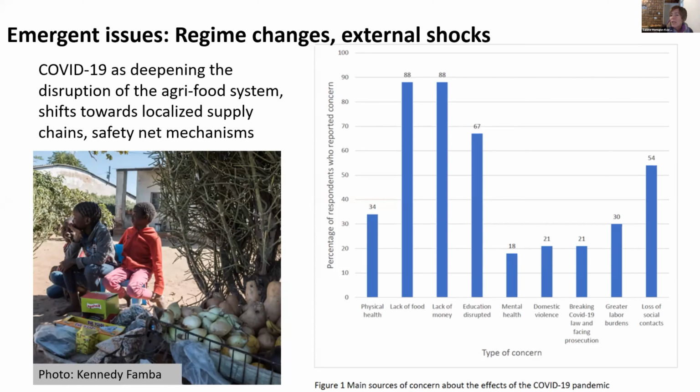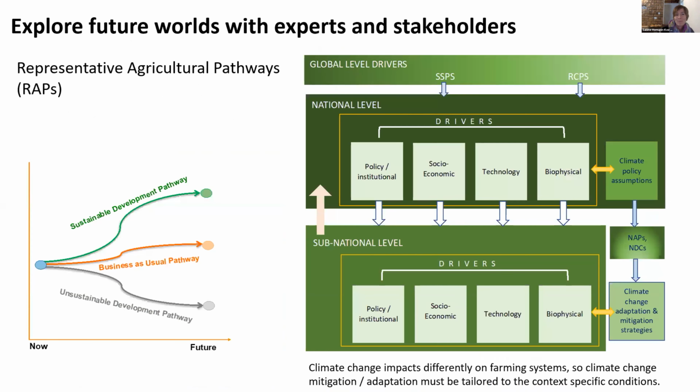It goes deeper into more labor burdening, more pushing people into illegality by breaking COVID rules, domestic violence, mental health issues, physical health issues. So all these are actions, actors, factors that should be considered when we talk about food systems change and how research can help to move food systems forward. Next one, please.